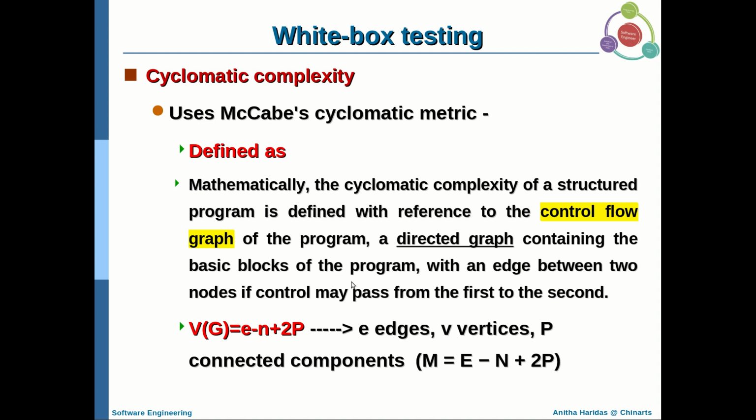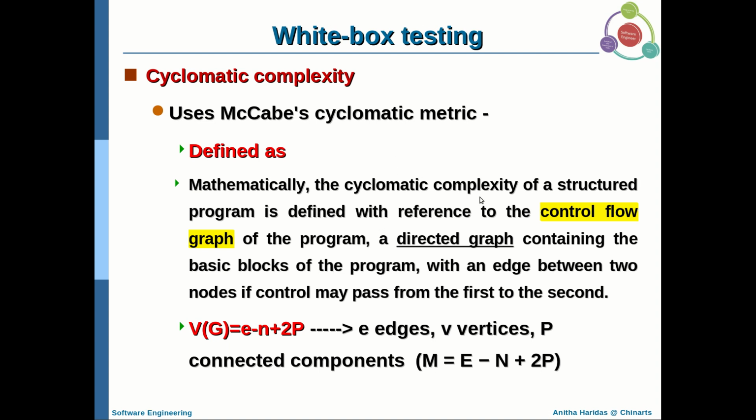When I say basic blocks of the program, they are individual statements or a block of statements of the program, and these individual blocks will have an edge between two nodes if control may pass from the first node to the second node. This is the simple definition of a cyclomatic metric.